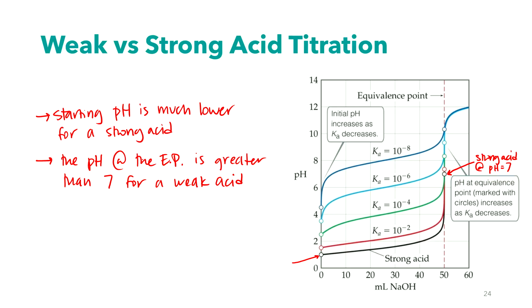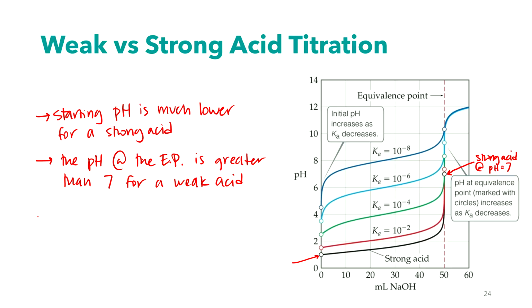Everything else, so my red trace, my green, blue, and dark blue, those are weak acids, and the equivalence point pH is higher because that's where we've generated that concentration of weak base. So it should be a basic solution once we convert to the conjugate base.